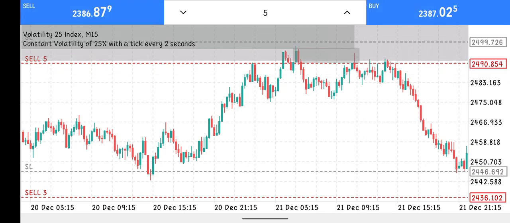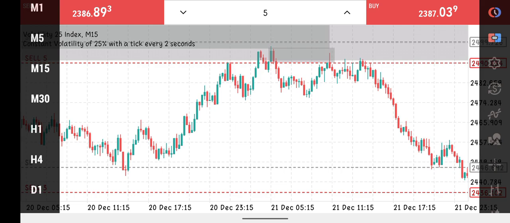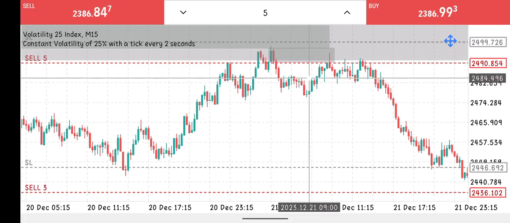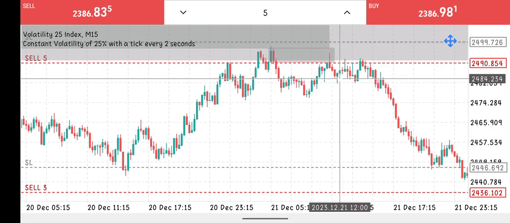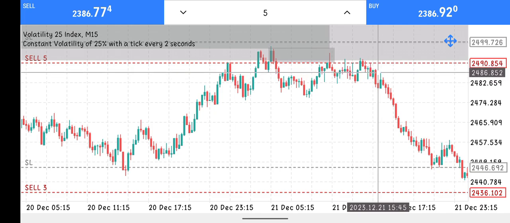But initially, price played with our feelings. You need to be psychologically intact to be able to keep this trade. It played at our entry for a long time. Just look at these candles for 15 minutes. I kept watching this, and I'm like, guy, are you sure this thing will not break structure again?